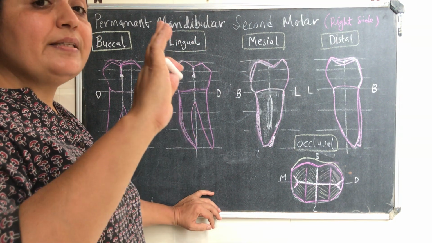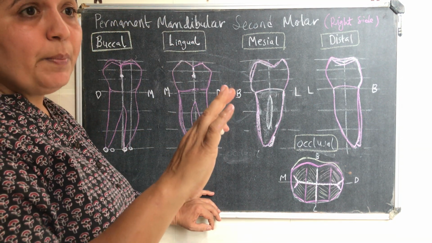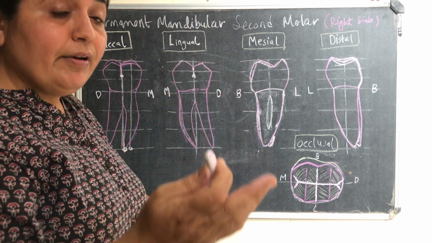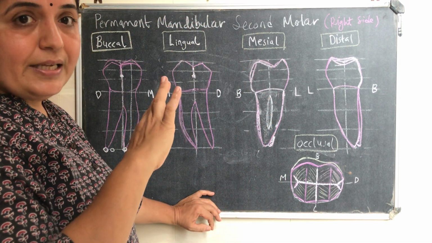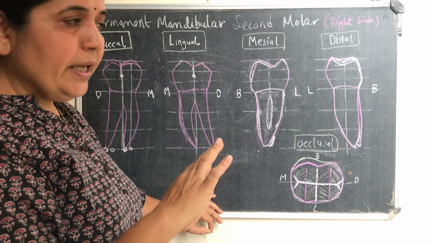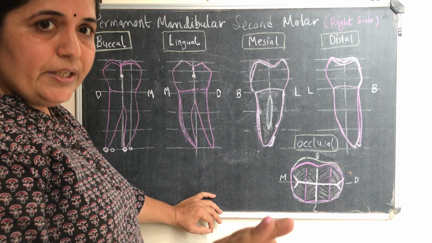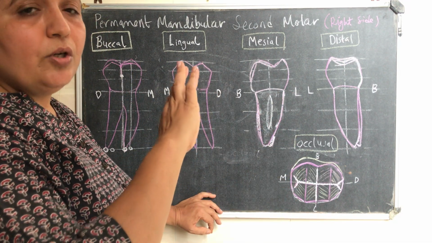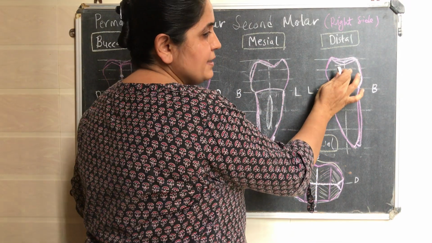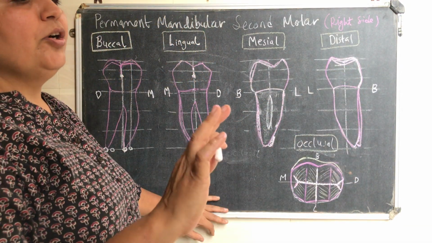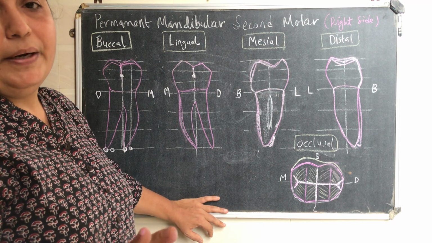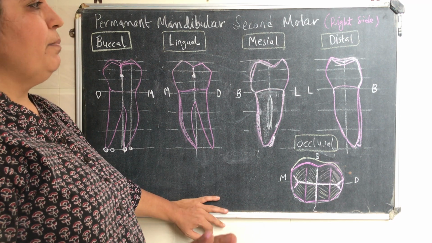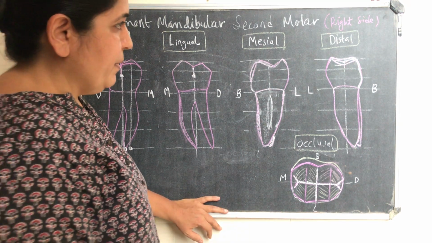In the first molar, you can see the distal cusp and the distobuccal developmental groove from the distal aspect. Here in case of second molar, as there is no distal cusp, it is not visible on the distal surface, and also the distobuccal developmental groove is not visible from the distal aspect, right?